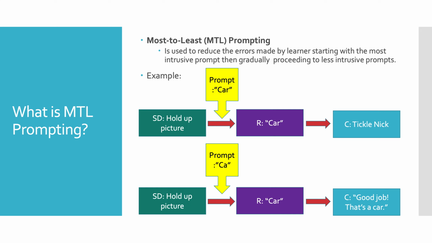Now we're going to use the less intrusive prompt, and that would be the partial verbal prompt, which is "ka," right? So the response should still be "car," and your consequence or reinforcement would be "great job" or "good job, that's a car."